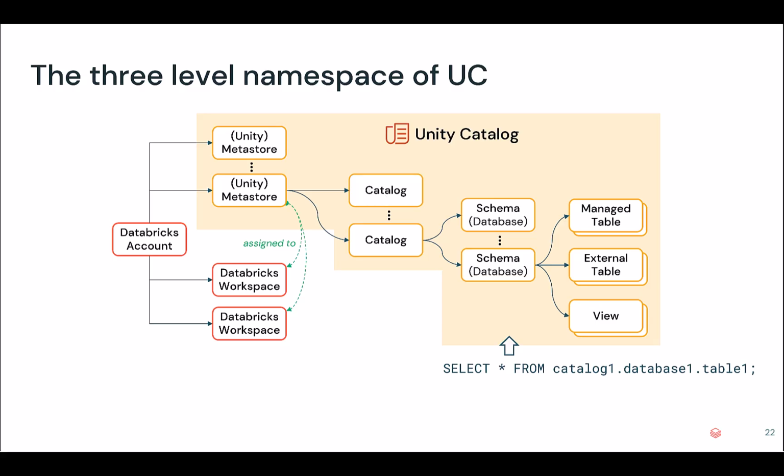Think of it as a business unit, one specific application. A catalog can be looked at in very different ways: a way to group all the schemas or databases, everything that belongs to one business unit, something like that, right?